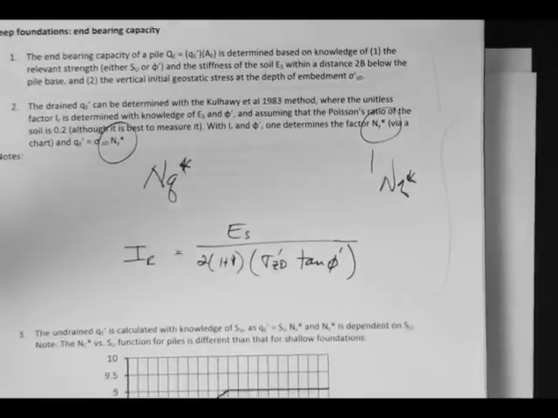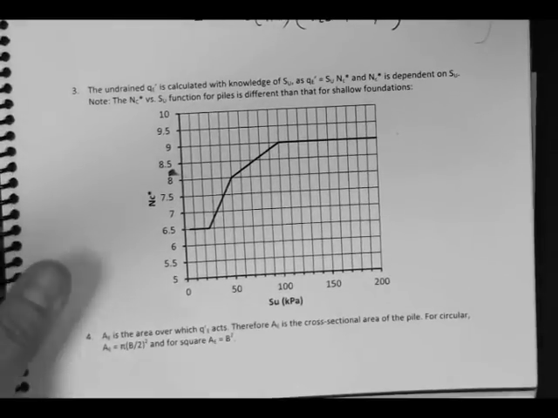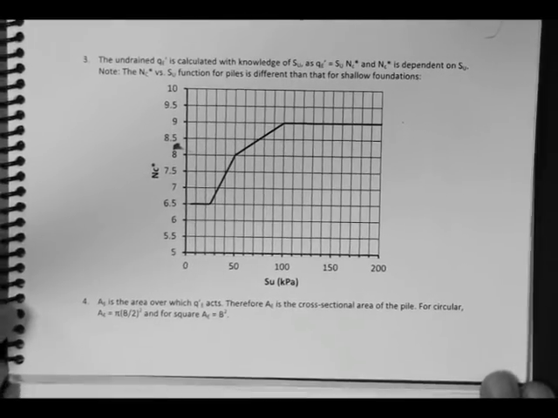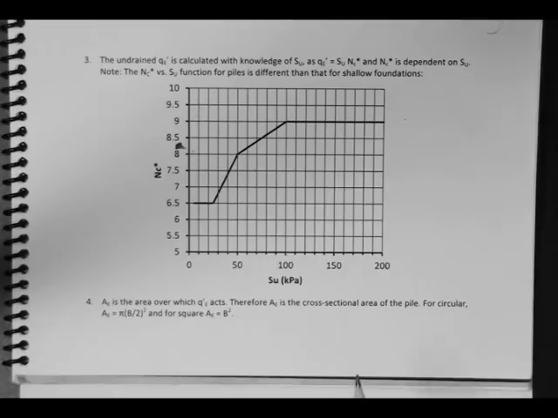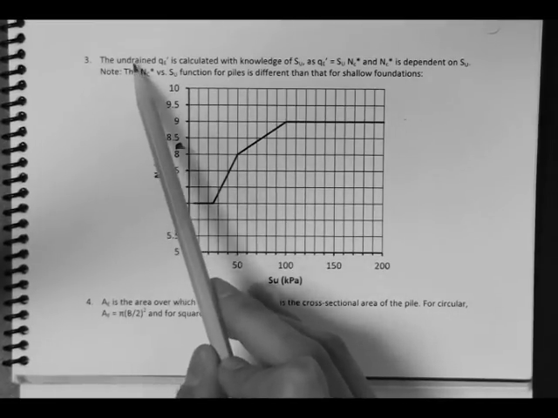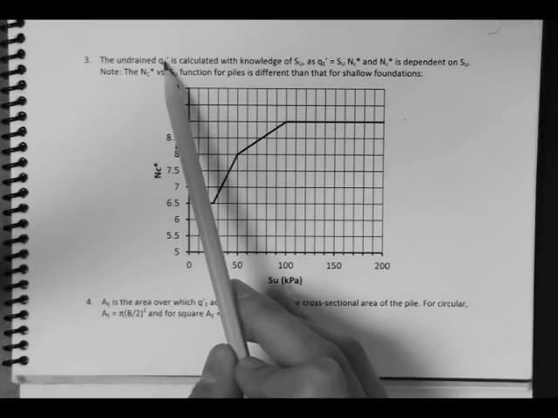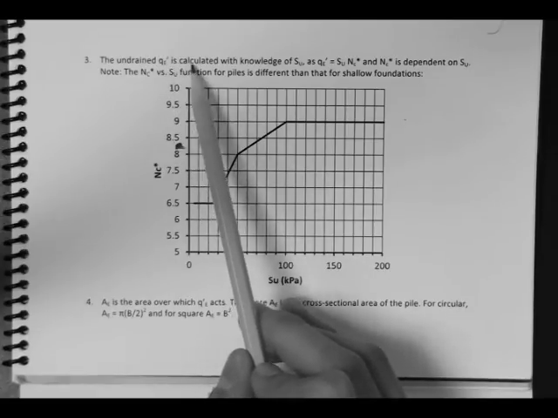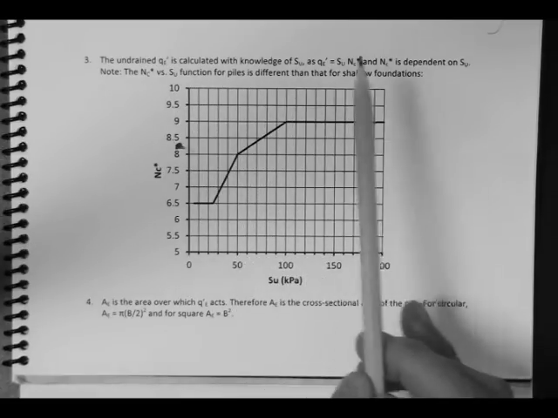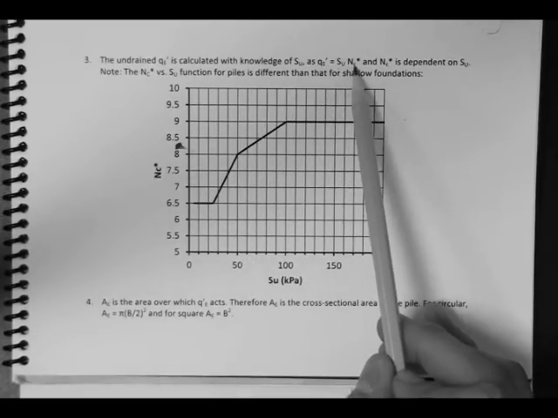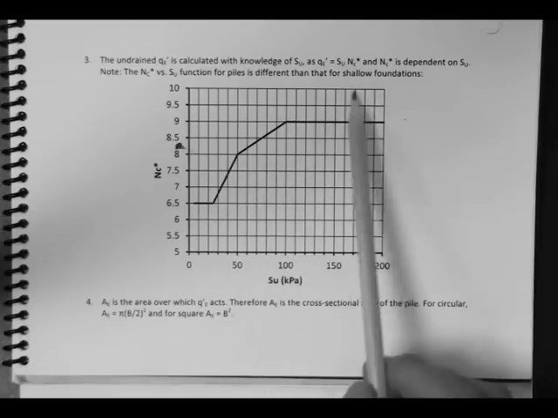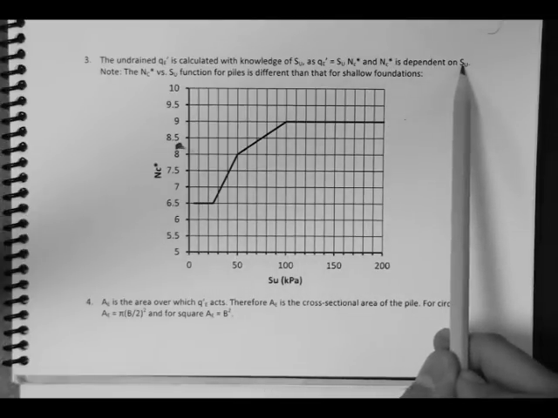Just go to the bottom, and on the bottom you'll see this plot. Okay, and you can see here that it says the undrained Qe prime, end bearing resistance, is calculated with knowledge of Su, as Qe prime is Su Nc star. And Nc star is dependent on Su.